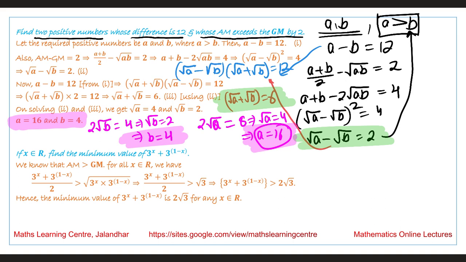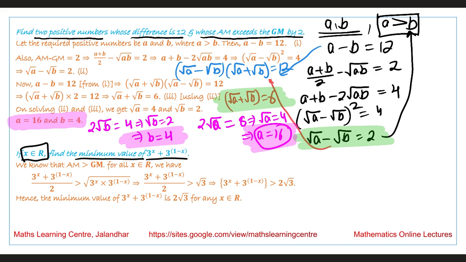Next we have, if x is a real number, we have to find the minimum value of 3 raised to the power x plus 3 raised to the power 1 minus x. Now we know that the arithmetic mean is greater than geometric mean.